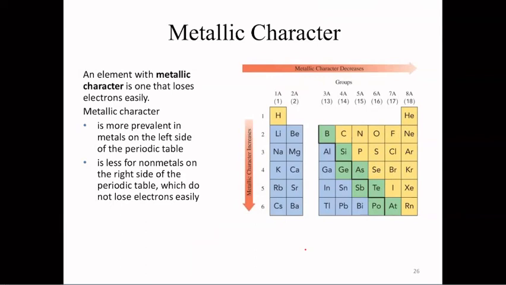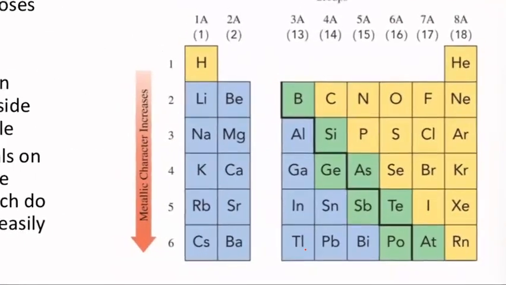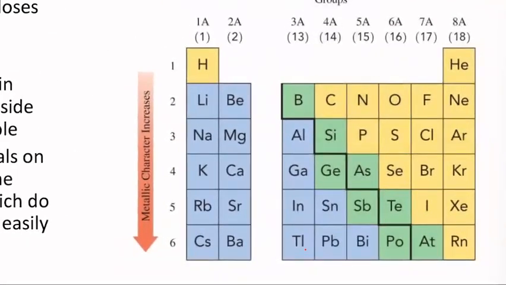Now, when it comes to metallic character as we move down in a group, let's observe group 4A. We start with a non-metal, which is carbon. And as we're moving down within that group, we can see that we're getting into elements that are metals. We go from a non-metal to metalloids all the way to metals.